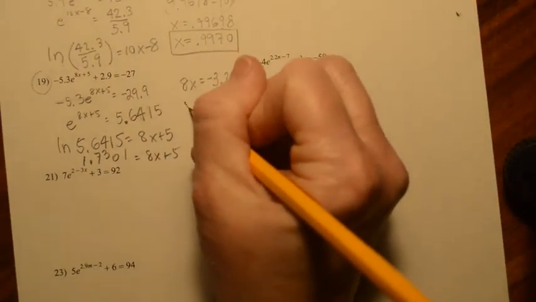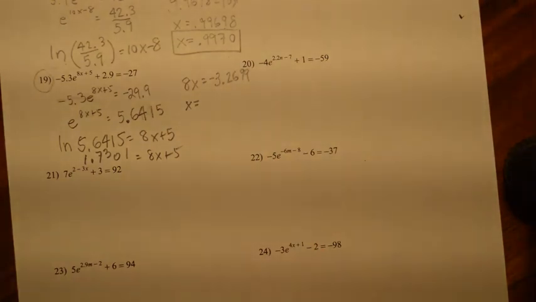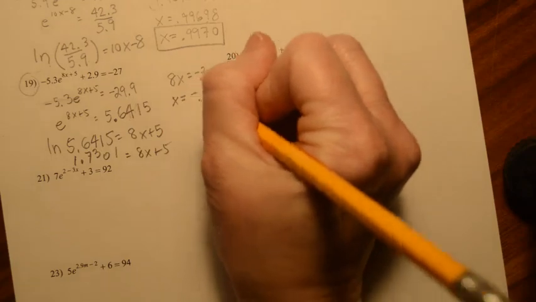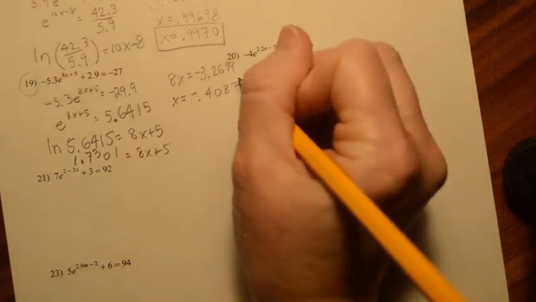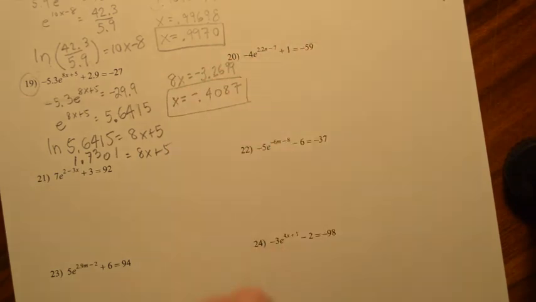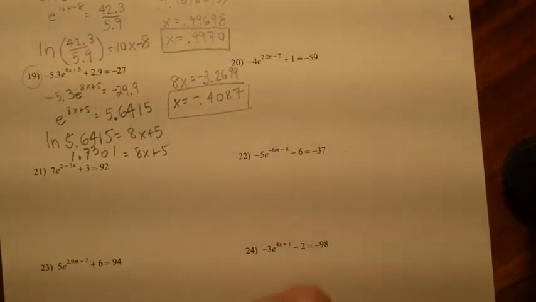Then I'm going to divide by 8, so 3.2699 divided by 8, and I get negative 0.4087 is my answer. Okay, hope you did all right.